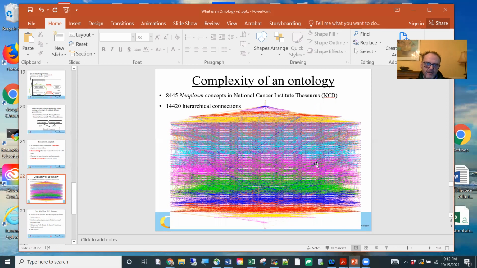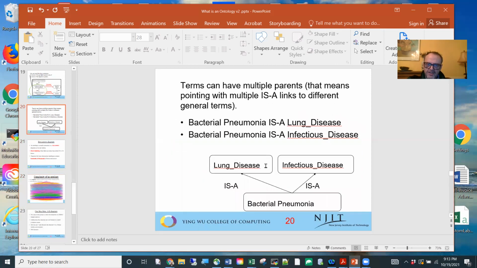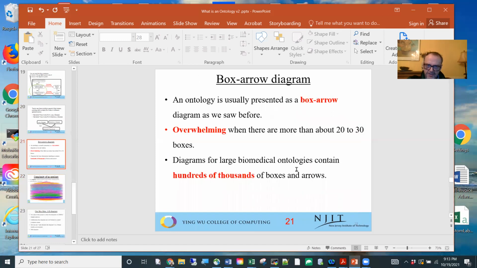And this one consists of only 8,445 different medical terms and 40,420 relationships, arrows, links, remember, more or less all the same. So when you look over here, these tiny dots, there's a tiny dot up here at top, and these white dots that you see, every one of those dots is really one of those boxes here.